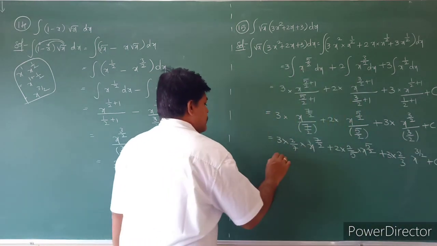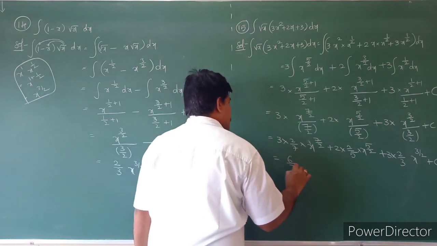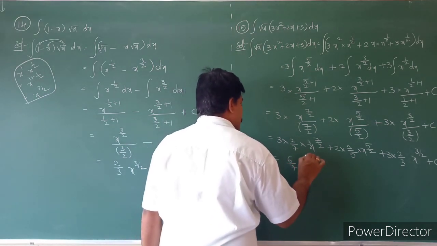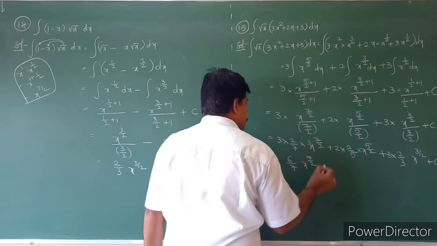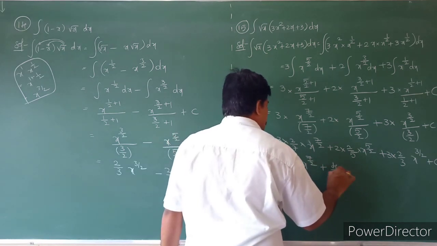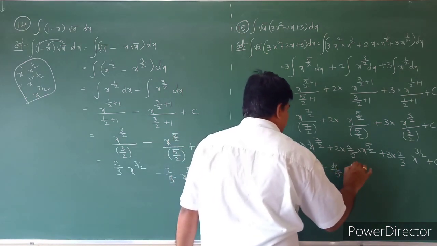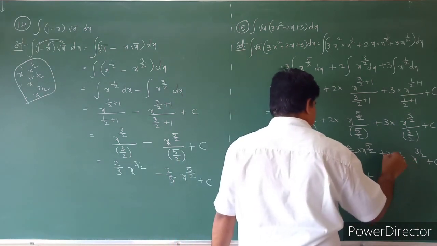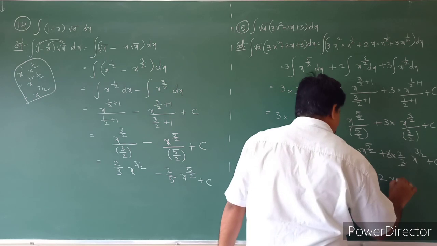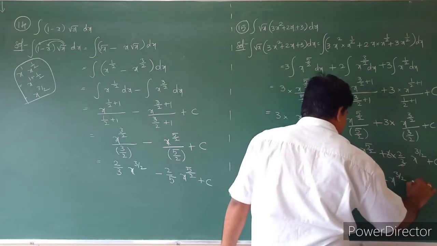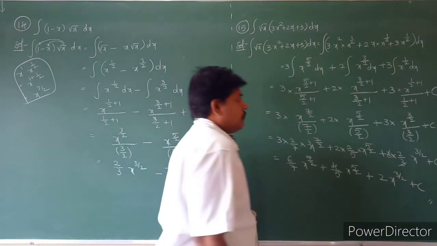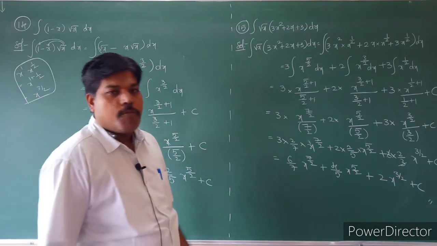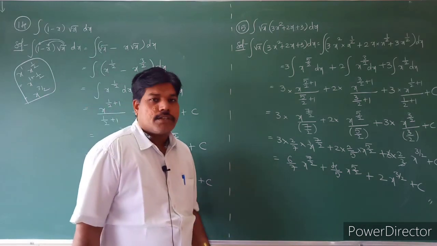So what happens, students? This is 6 by 7 into x power 7 by 2, plus 4 by 5 into x power 5 by 2, plus, 3 will be cancelled, 2 into x power 3 by 2, plus c. See that question, students?